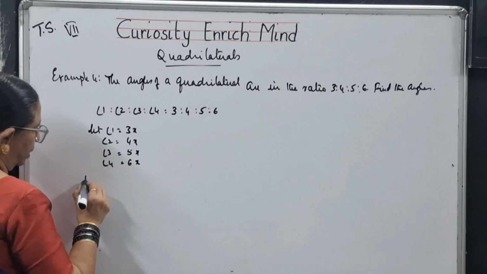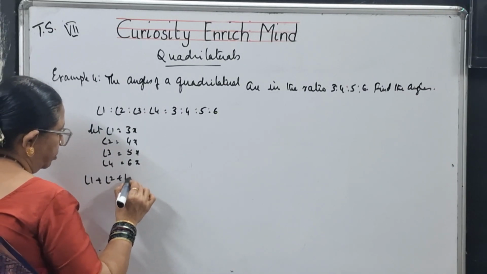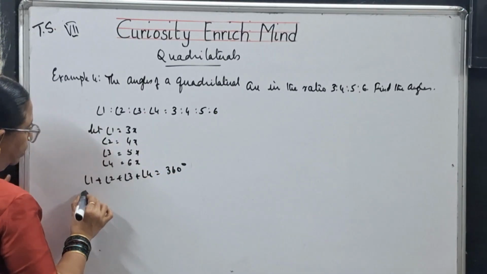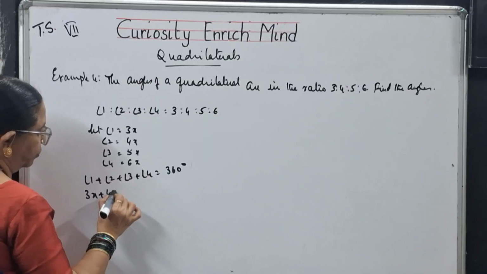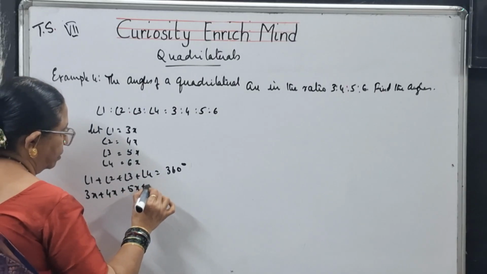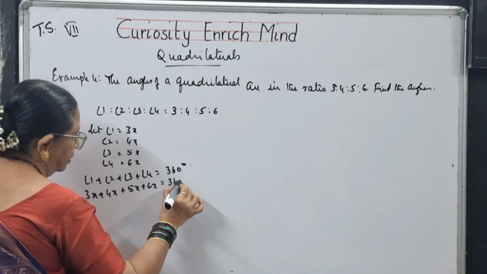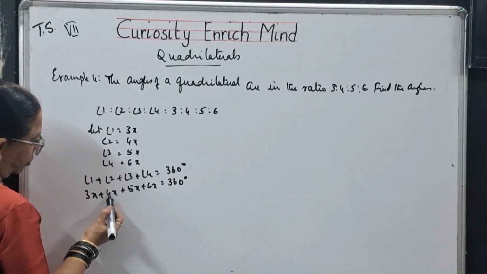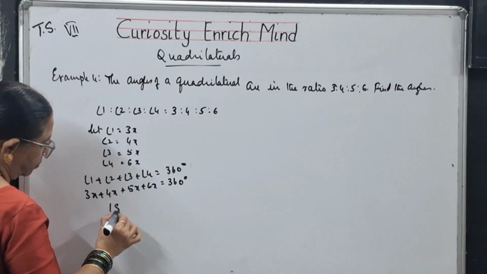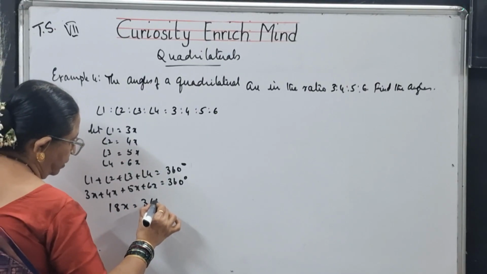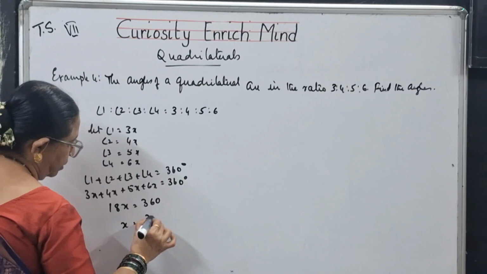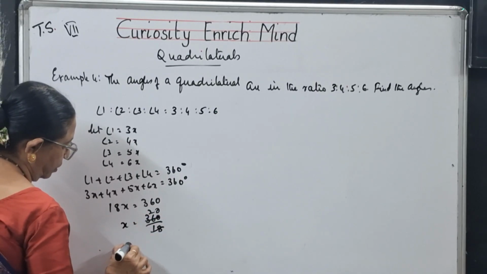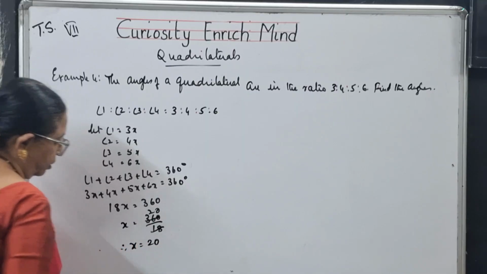We know that the sum of the four angles is 360 degrees. That is 3x plus 4x plus 5x plus 6x is 360 degrees. That means 18x is 360. What is x? 360 by 18. Therefore, x is equal to 20.